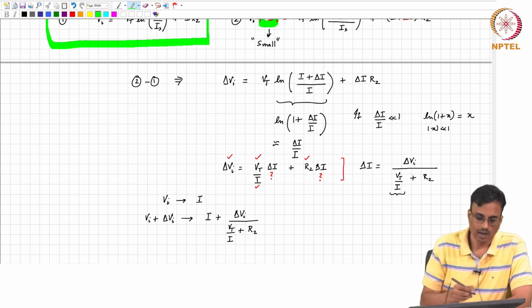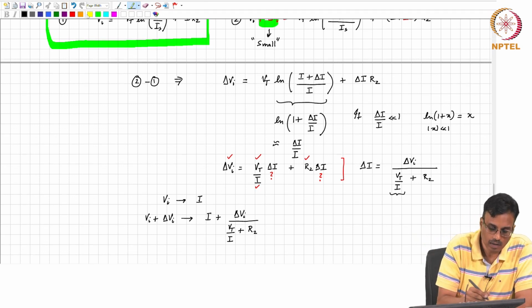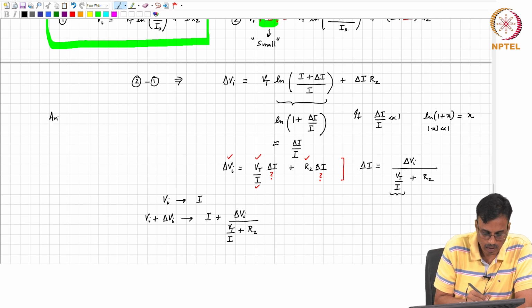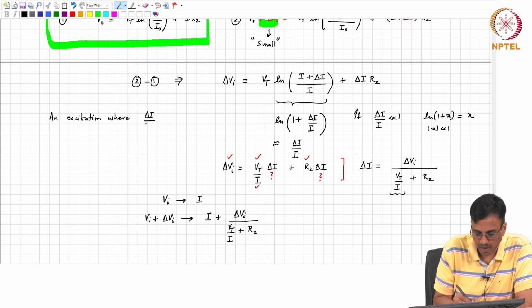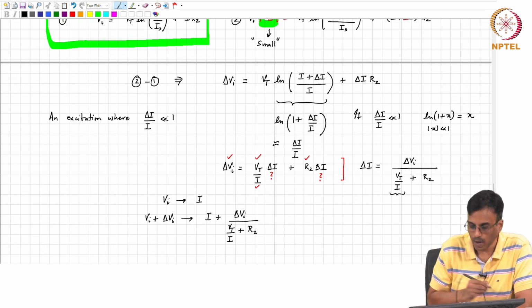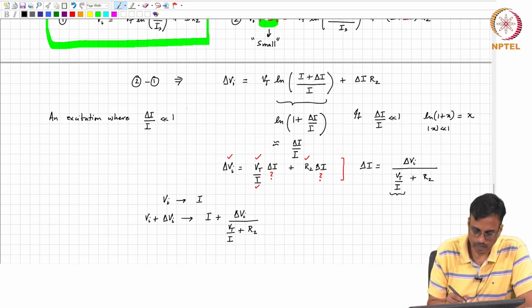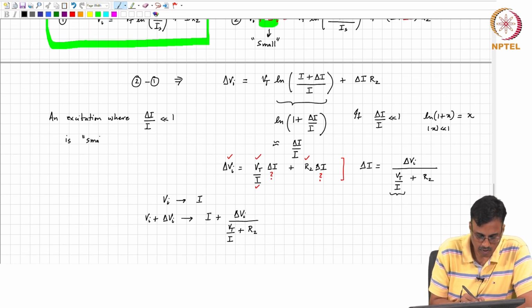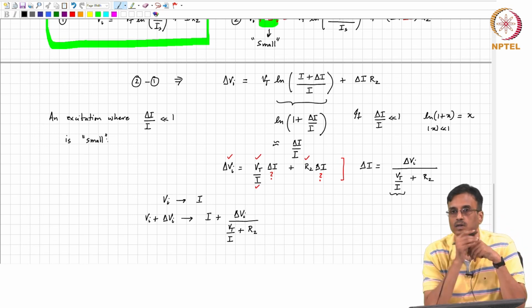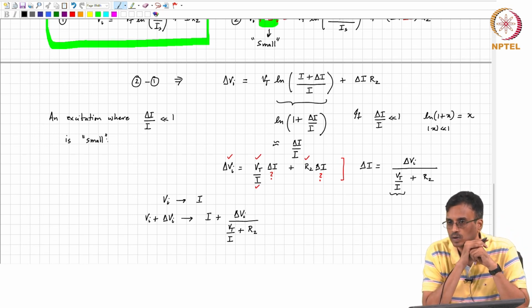So, basically any excitation where delta I by capital I is much smaller than 1 is, within quotes, a small signal.